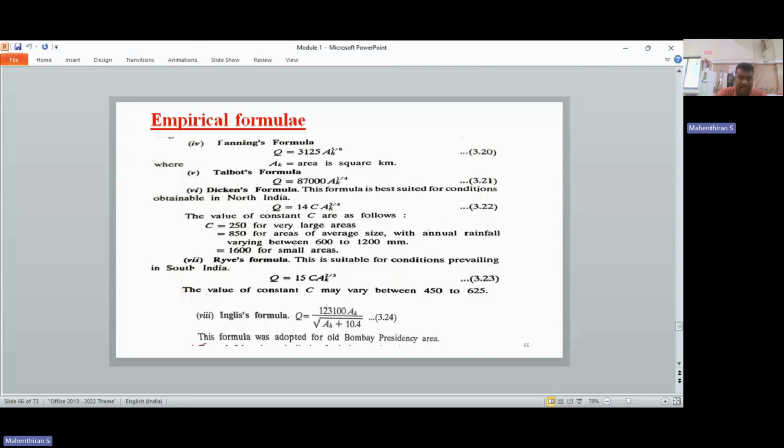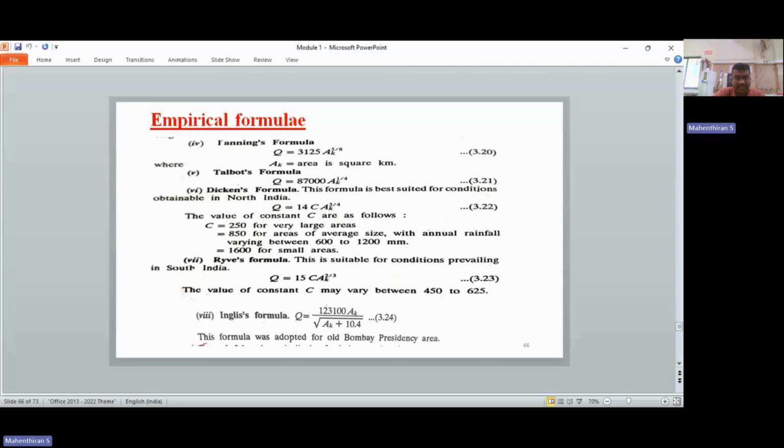C will be used as 250 for very large areas, whereas C will be 850 for areas of average size, where the average rainfall is between 600 to 1200 mm. And C will be 1600 for very small areas. What does this mean? The smaller areas tend to have higher runoff per unit area, so C is larger. Larger areas have more storage and attenuation.